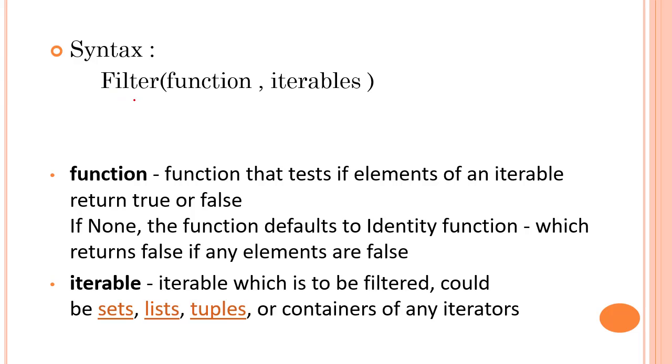Okay, so this is how the syntax looks. I have a filter, I have a function, and then I have an iterable. This is the function and this is the iterable. The function tests if an element of an iterable returns true or false.